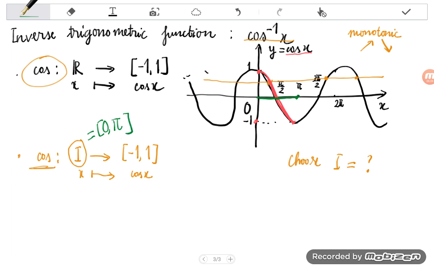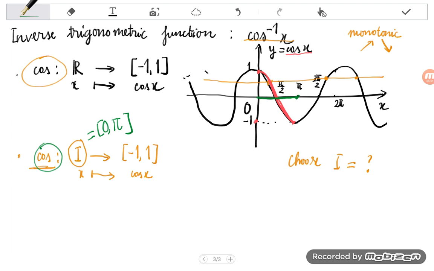With I the closed interval from 0 to pi, the new cosine function has a graph that just goes down. In other words, it is strictly decreasing on this interval.